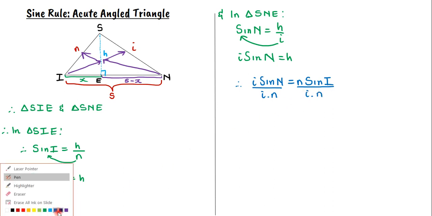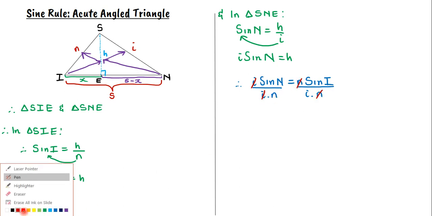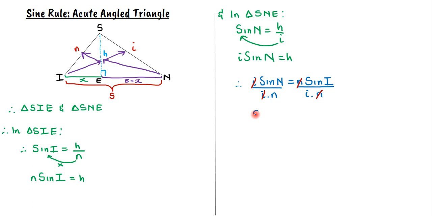By doing that, this cancels with that and this cancels with that, and what we have left is sine n over small n equals sine I over small i. And that is how we prove this sine rule formula.